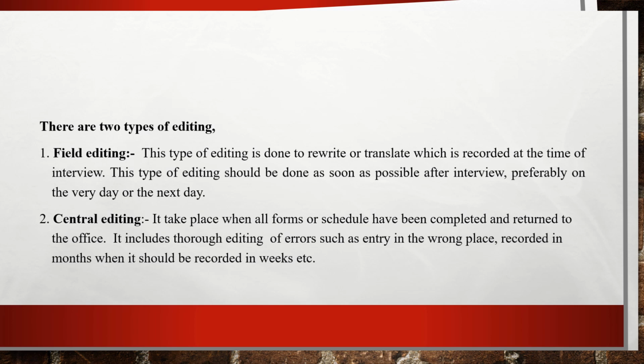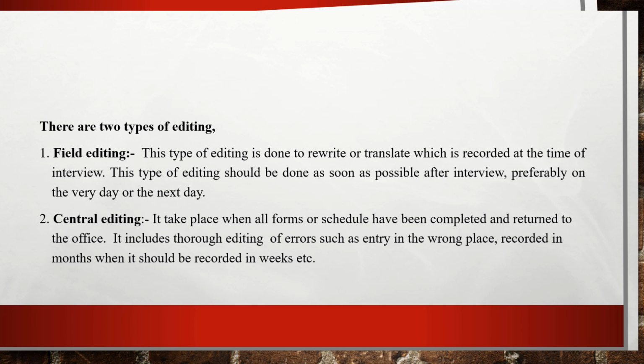For example, if a person is collecting data by conducting an interview, he may record the data in short forms or very briefly. So he can rewrite that data. That is field editing, done by the person who has collected the data.